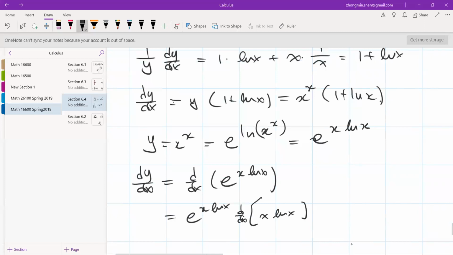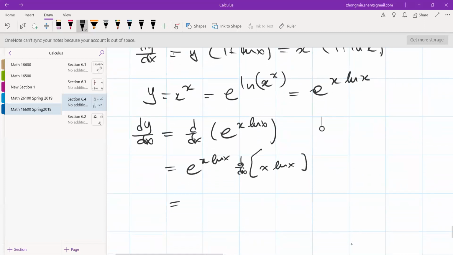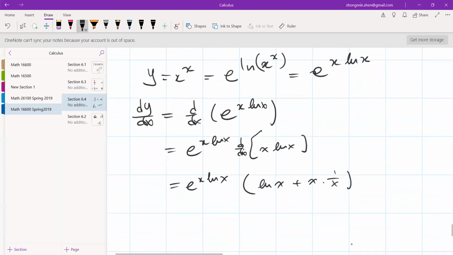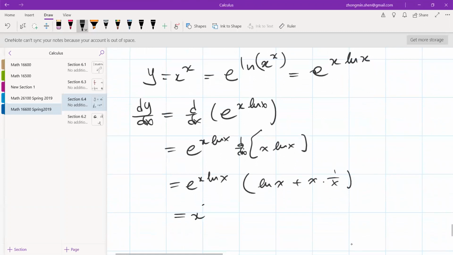So you end up with the same result. The derivative of x is going to be 1. Then the derivative of natural log x is 1 over x. Okay? And then you simplify a little bit, you get the same result. The first part is still x to the x. The second part is this. Okay?